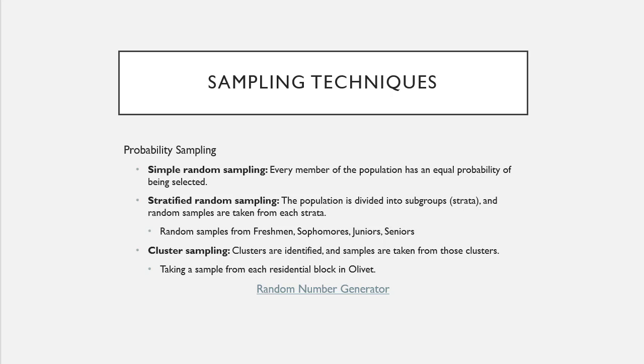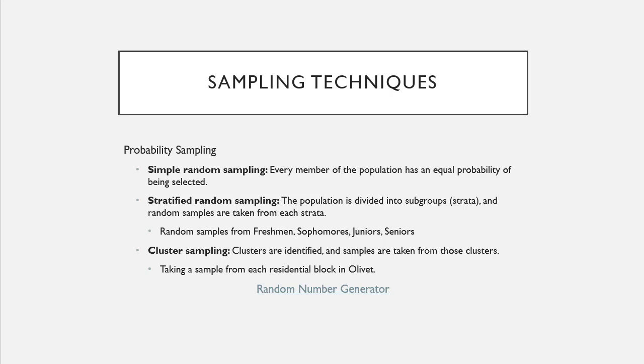People choose Greek houses to go into, so they organize themselves. So it's not like we can say that the people in a particular Greek house have characteristics that are shared only among that Greek house. There's not really a strata there. It's a cluster. People come together for a particular reason.